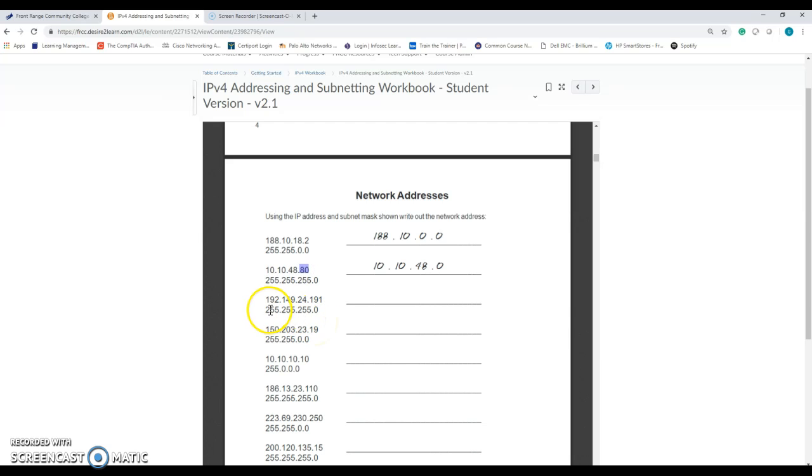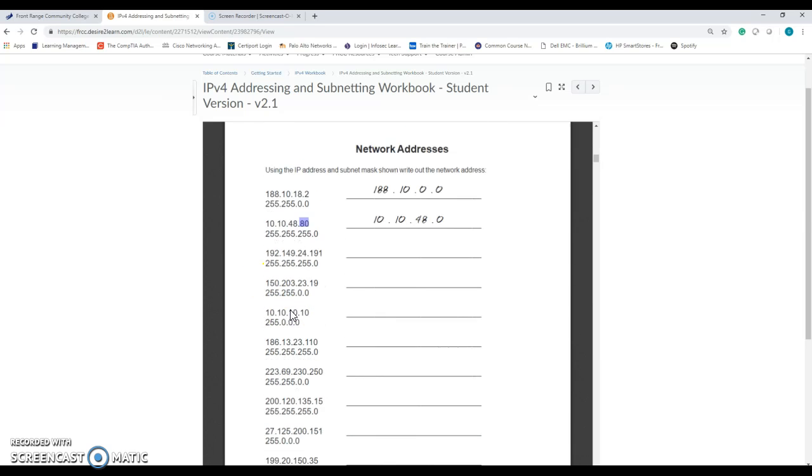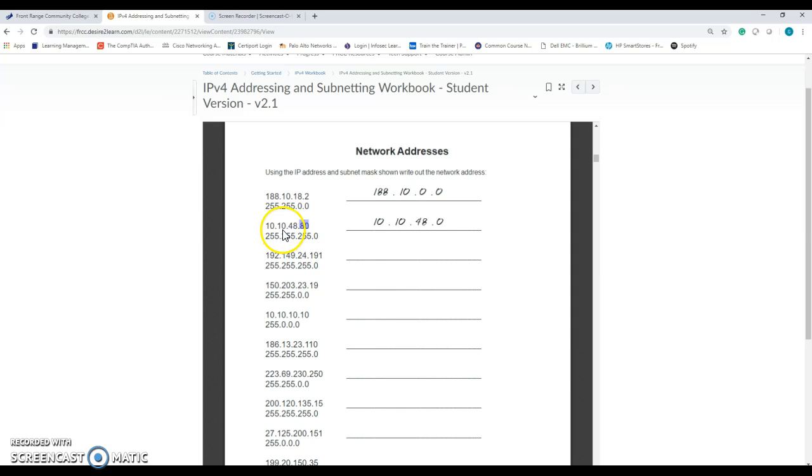Sometimes it takes a little looking at. I would also guess that this is an internal address, not public, but private IP address, and that's used on the inside of the network. If we check that, the 10 dot should be in the private address range.